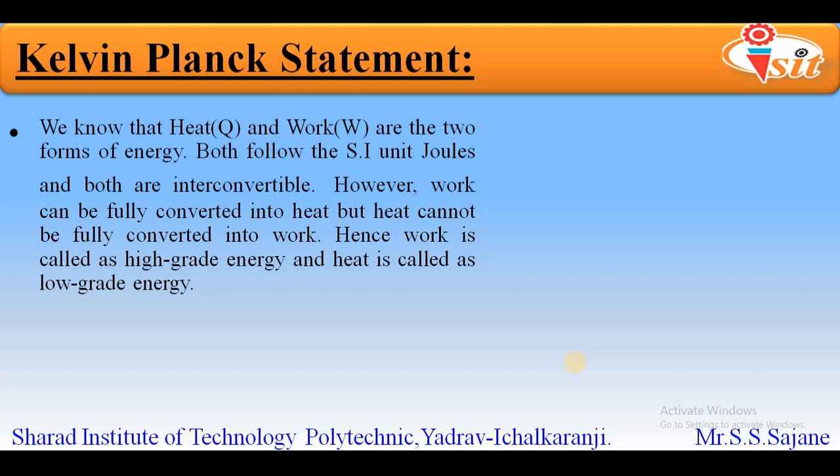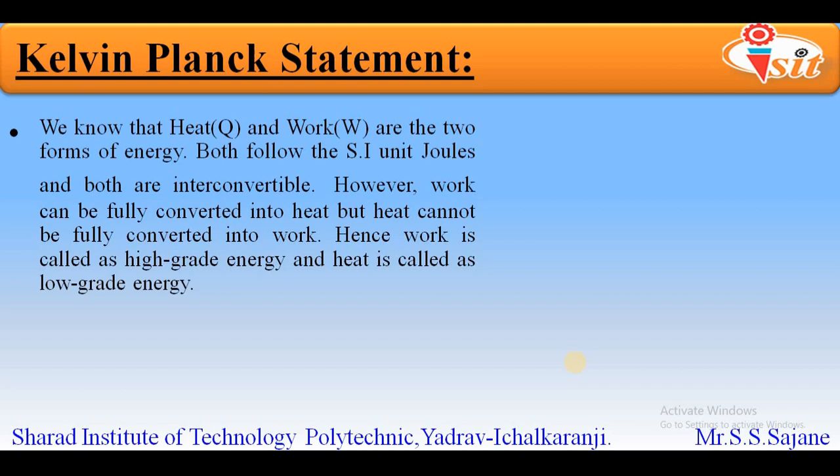Both heat and work have the SI unit joule, since both are forms of energy and both are interconvertible. However, we have studied that work is high grade energy, as we can convert the entire work into heat, and on the other hand, heat is a low grade energy, as we cannot convert the entire heat into output work.